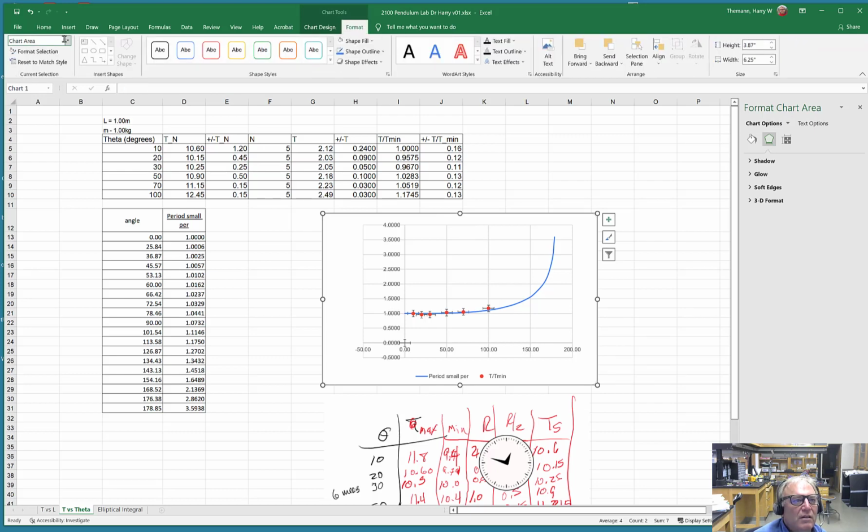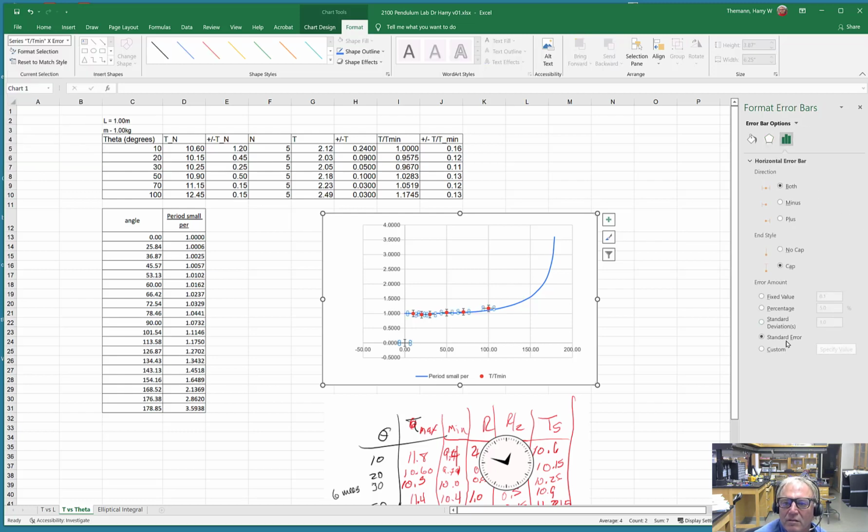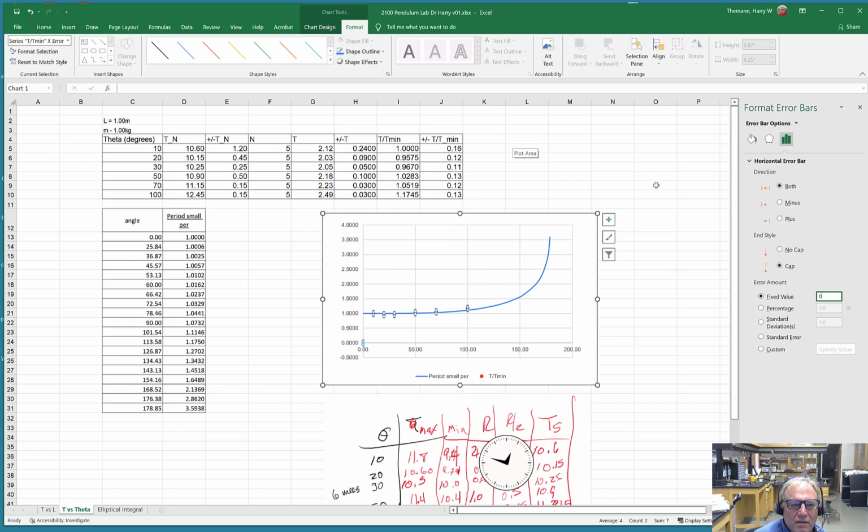Let's pick it again. X error bars. Fixed value. 0. And then somehow, I have to double check something.